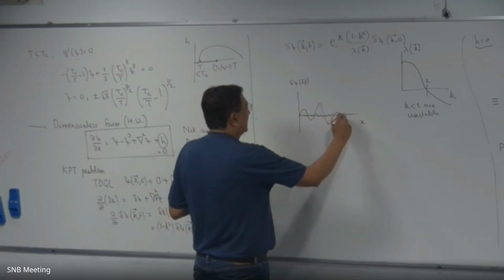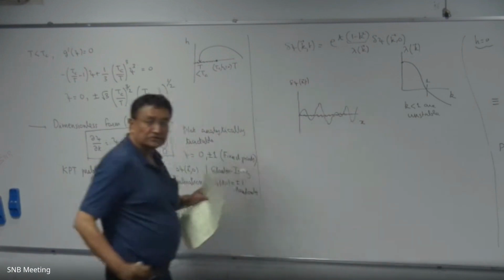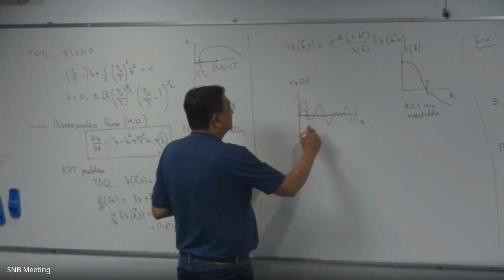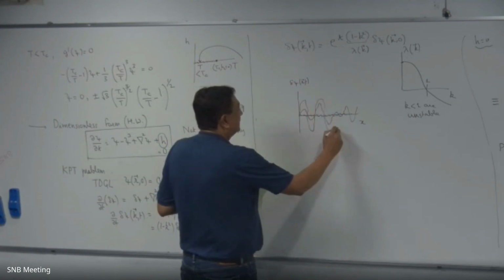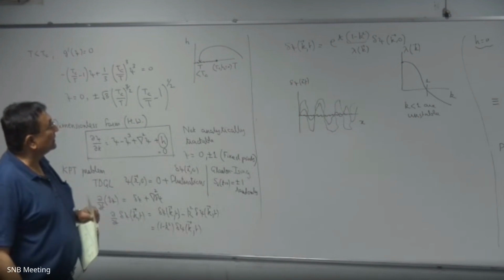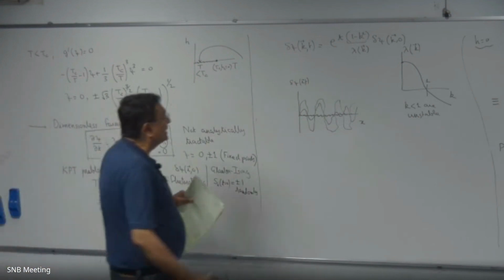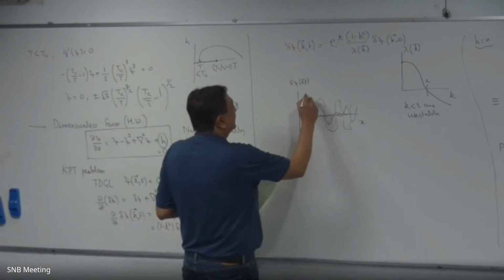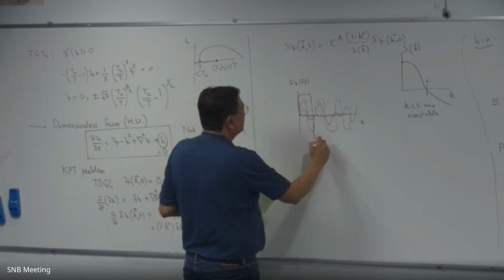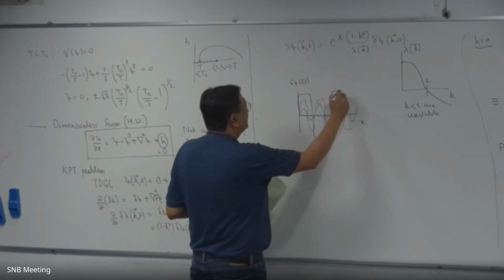Then at a later time, it will become something like that. And finally, the nonlinearity kicks in, and you saturate at the equilibrium fixed point value, and your structure becomes so at late times.